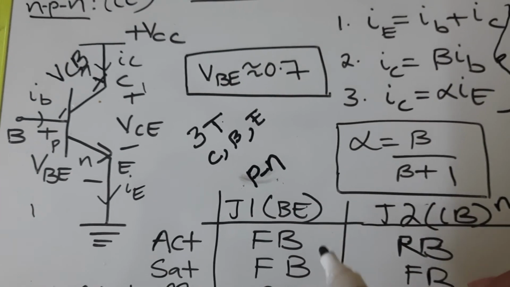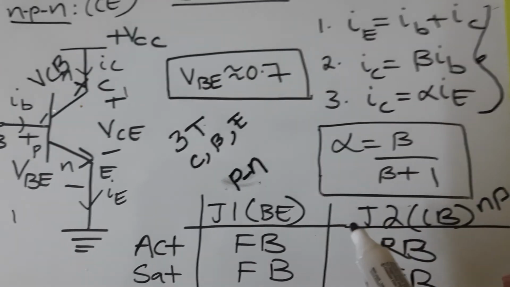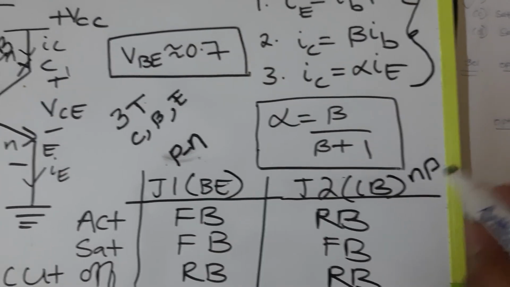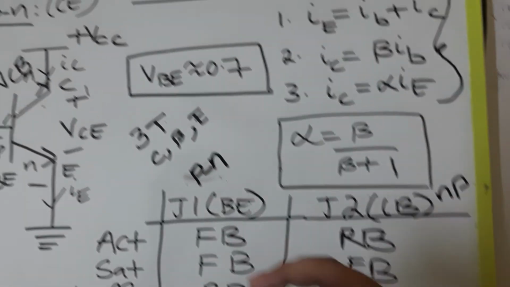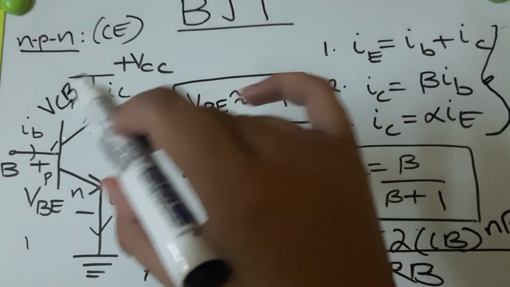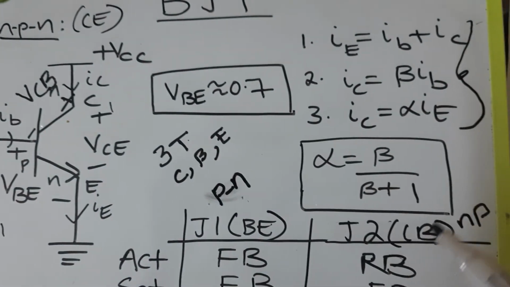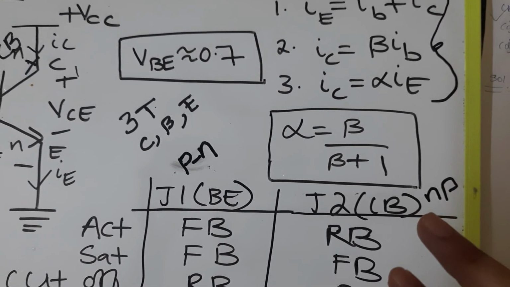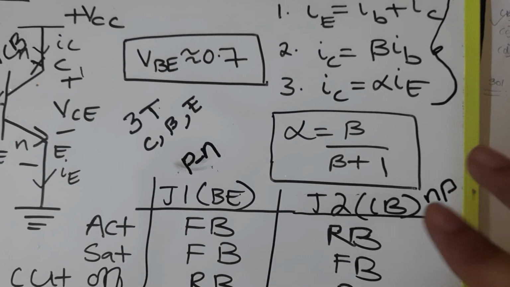So if junction 1 is forward bias and junction 2 is reverse bias, what is junction 2? NP, which means VC is greater than VB. When the N region has more positive voltage than the P region, then it is said to be reverse bias.